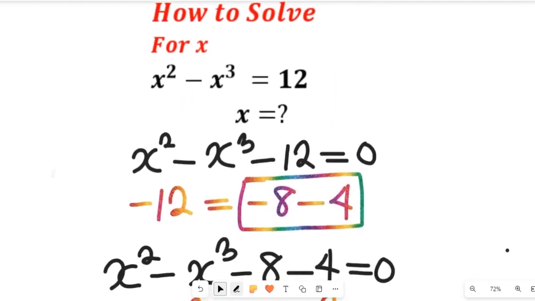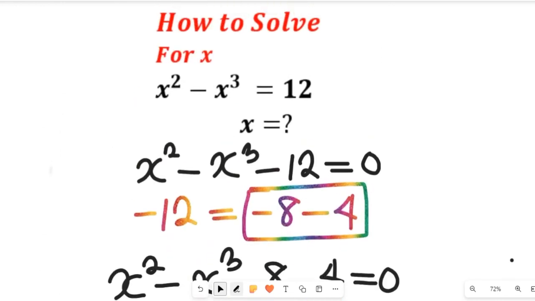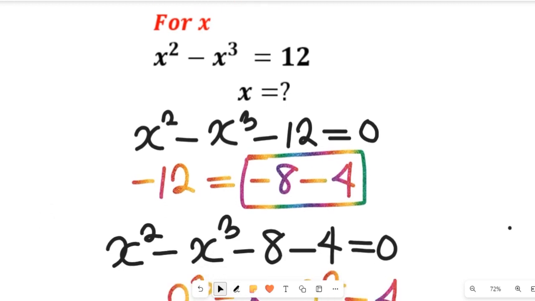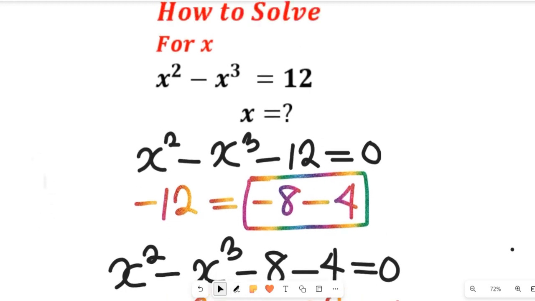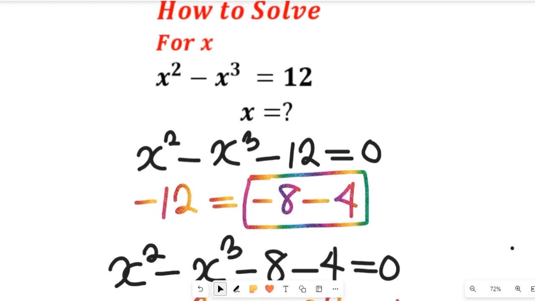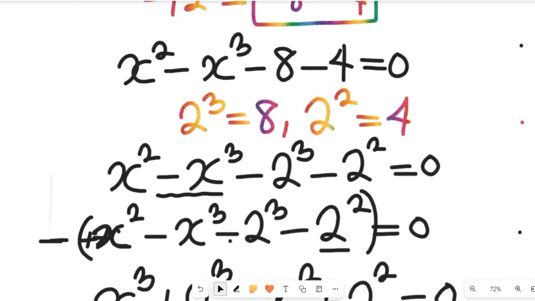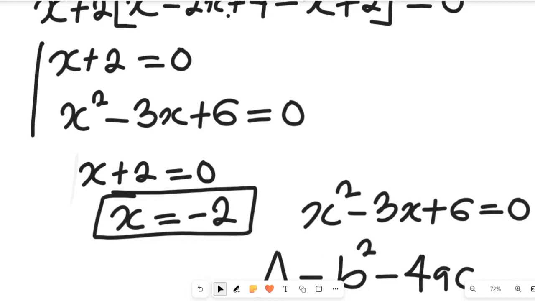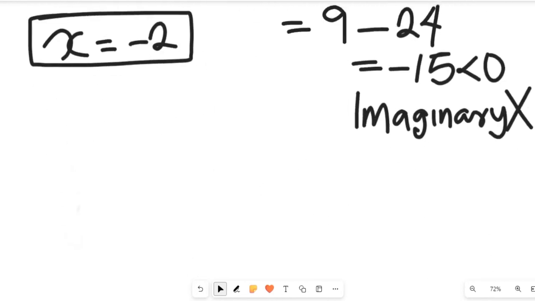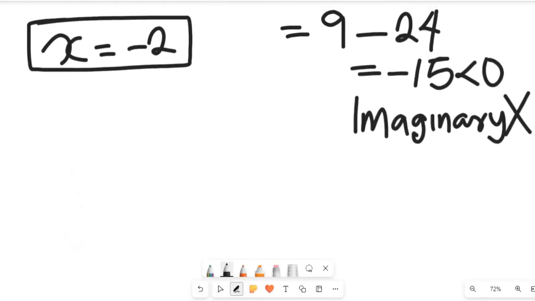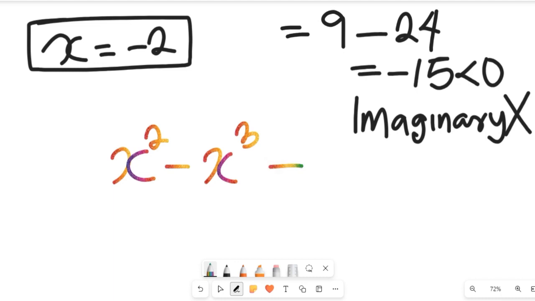To find out, all we need to do is to insert the value of x equal to negative 2 into the initial question and find out if it will give us 12. Now let's check to see if the solution is actually correct. To do that, we are going to insert the value of x equal to negative 2 into x to the power of 2 minus x to the power of 3. Is it going to give us 12?